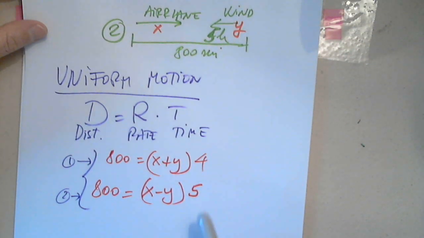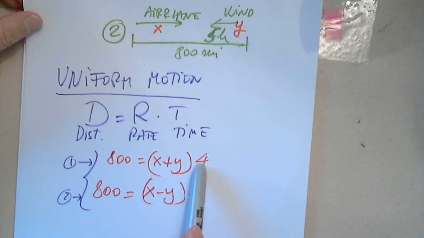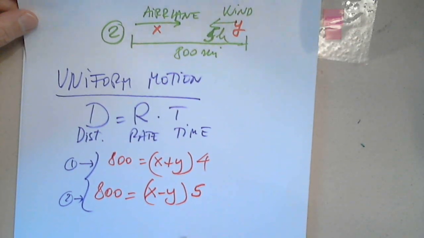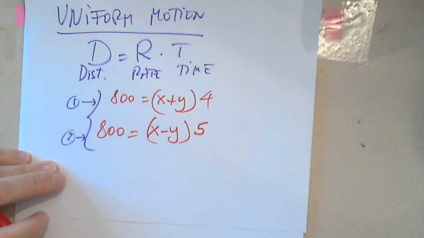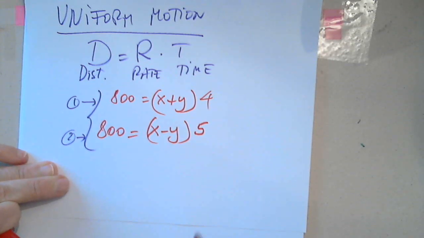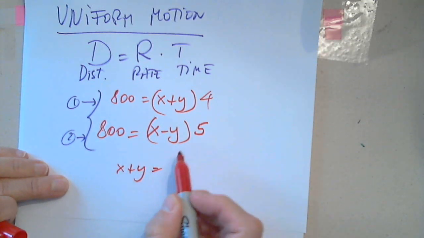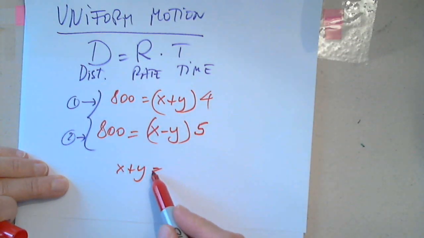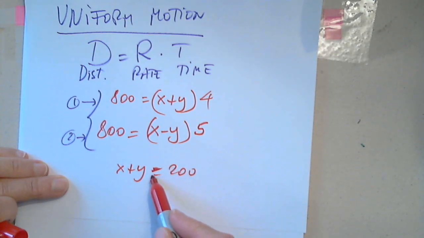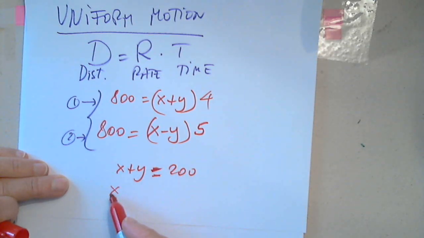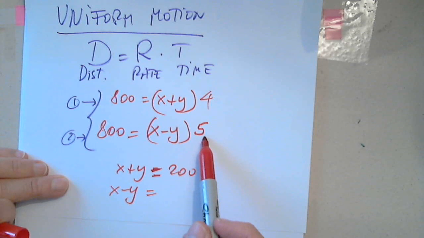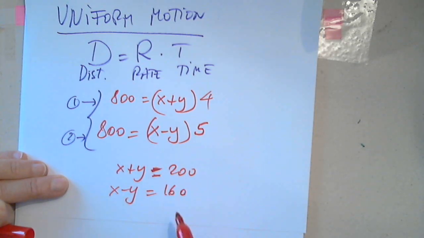Good. Of course, I'm going to divide both sides here by 4, eliminate that, and divide both sides by 5. So the new equation becomes x plus y equals 800 over 4, which is 200. And then x minus y equals 800 over 5, which is 160.